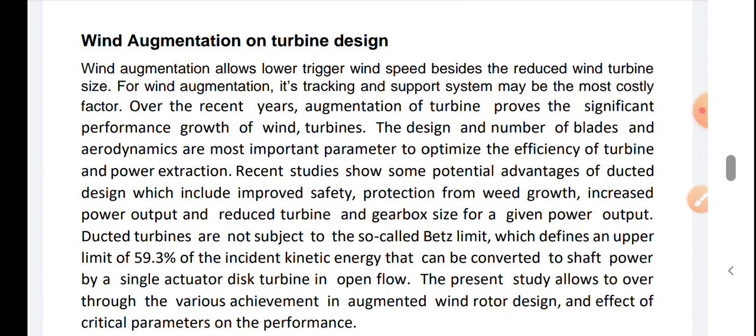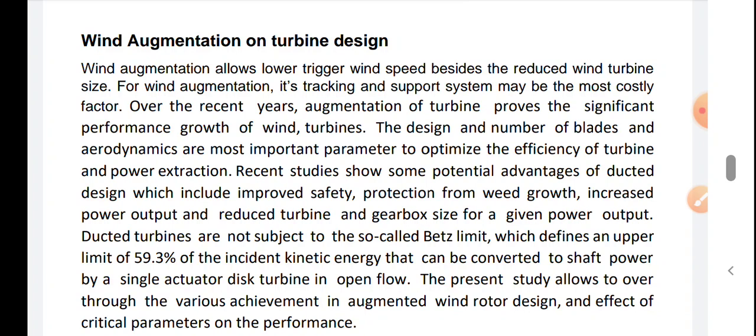And a few very recent studies have shown that the potential advantages of ducted design are improved safety and protection from the weed growth, and importantly the increased power output and reduced turbine and gearbox size for a given particular power output.